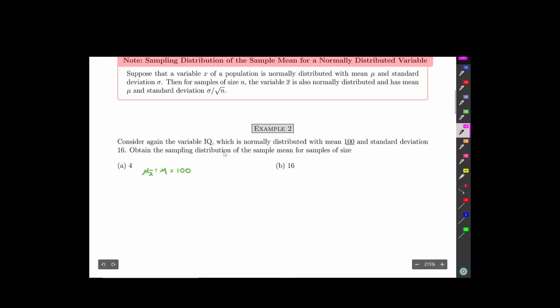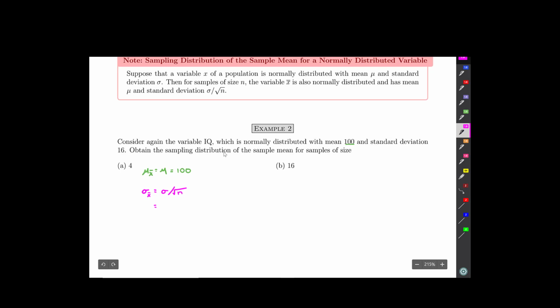The only thing we have left to calculate now is sigma sub x bar, which is our standard deviation, and that equation is given above, where sigma sub x bar is equal to sigma divided by square root of n, where sigma is our population standard deviation.